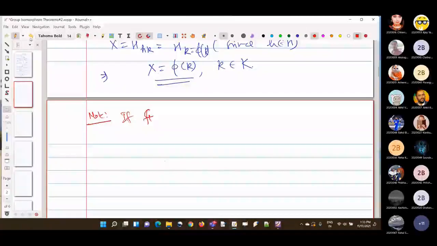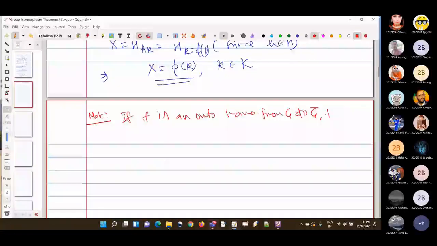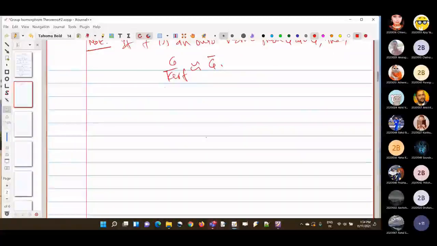If F is an onto homomorphism from G onto G bar, then G by kernel of F is isomorphic to G bar. So this was the result. So we need not verify that it is one-one also. Let us proceed further.